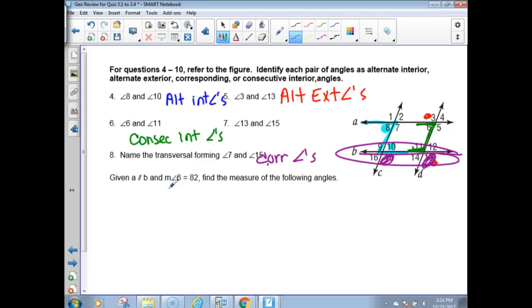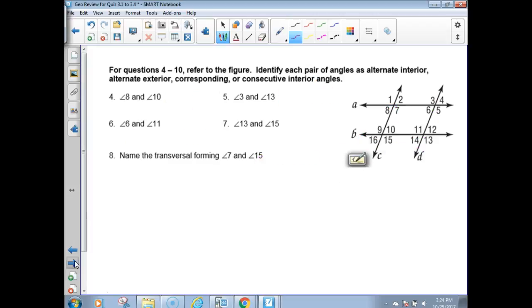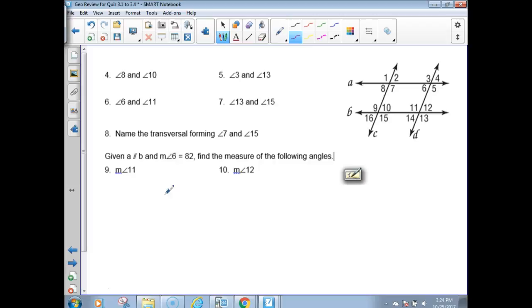Okay, now if you're given that A is parallel, oh, I have a page I don't, wait. Oh, sorry. We already answered all those. I'm trying to answer this now, and I didn't like that I couldn't see 9 and 10. All right. You already have the answers to all those. This was alternate interior angles. This was alternate exterior angles.